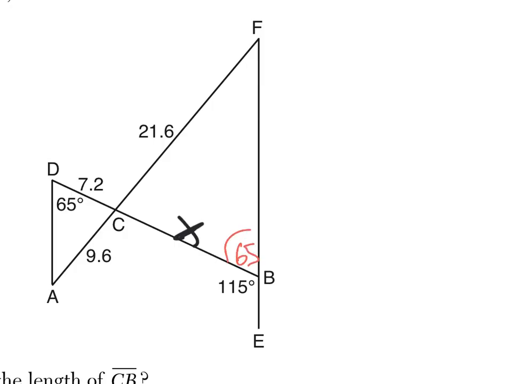And so if this is 65 and this is 65, we've got 1 pair down. I also noticed that when we look at these 2 triangles, angle DCA and FCB are congruent because of vertical pairs. So great, we just established angle-angle similarity.